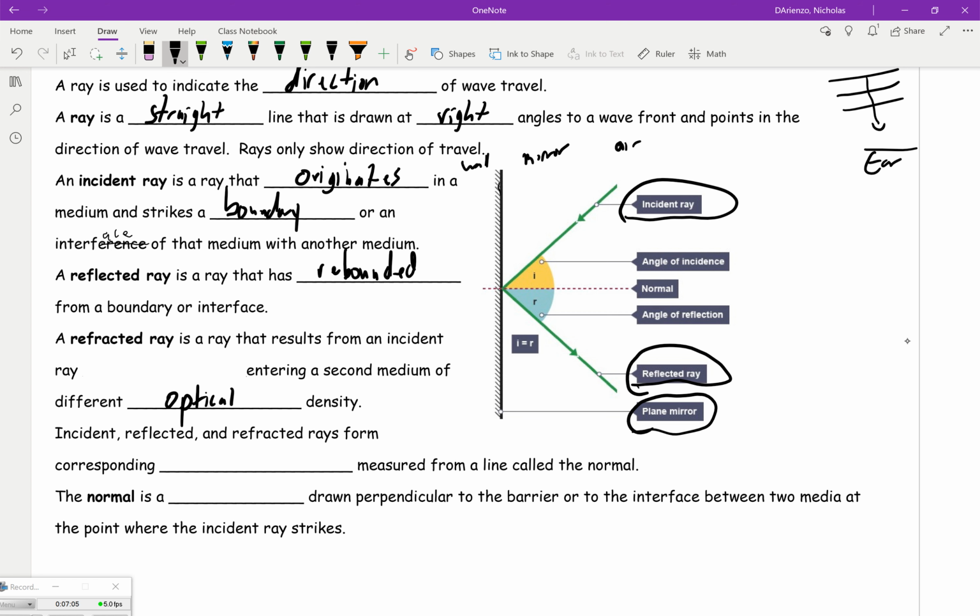That wave of energy is trying to move through all the matter that makes up that particular medium, and it's going to behave differently.